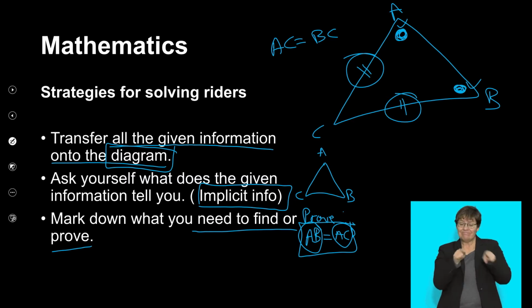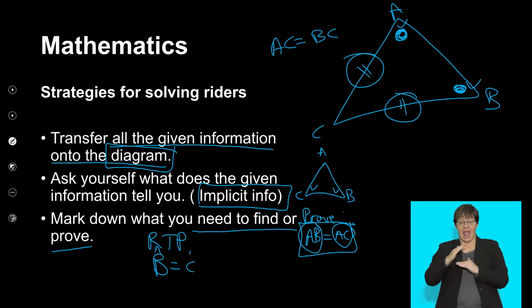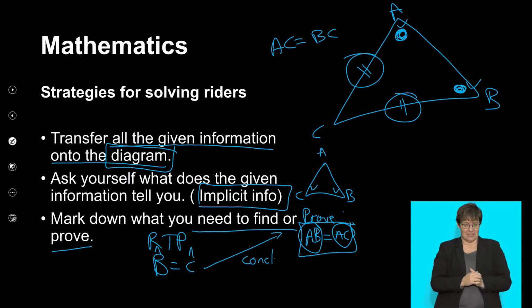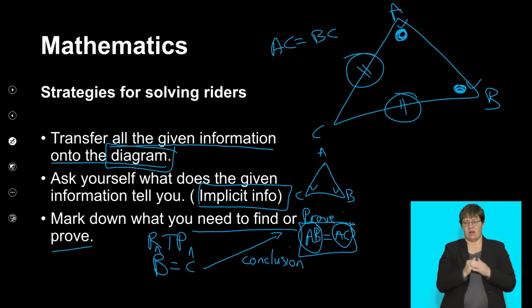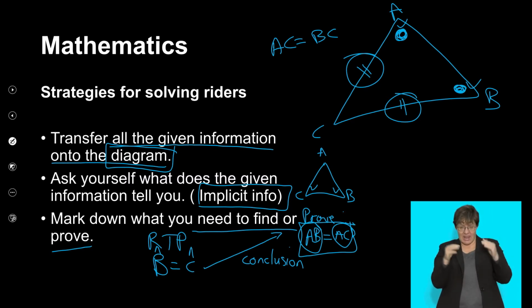Now, what would make them to be equal? It would be angle C being equal to angle B. So in actual fact, my RTP, which is required to prove, they want you to prove that angle B is equal to angle C. If I can prove that, then my conclusion will be that the lines are equal to each other. Let me just quickly repeat what I've said. The required to prove is what will make the lines equal in a triangle. What that is, is that the lines must be opposite equal angles.